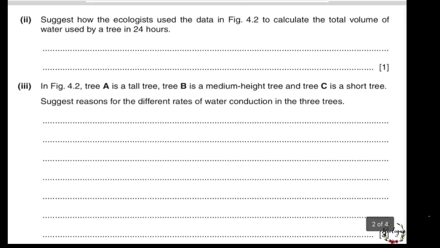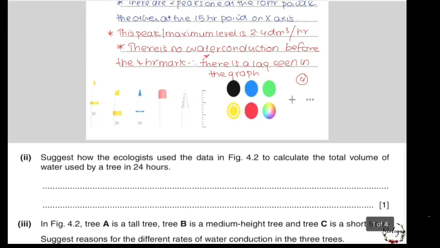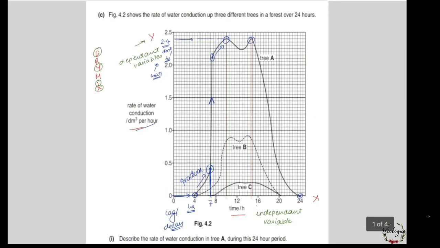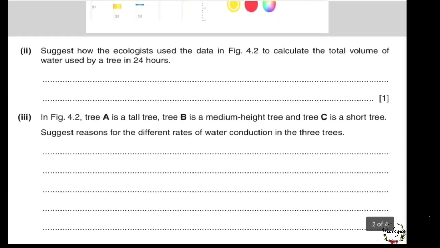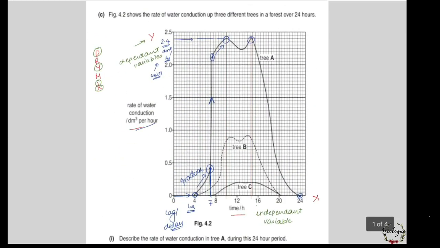Suggest how ecologists use the data in 4.2 to calculate the total volume of the water used by a tree in 24 hours. Alright, so how is this done? Firstly, you can say by calculating the total amount of water that is conducted in the 24-hour period.